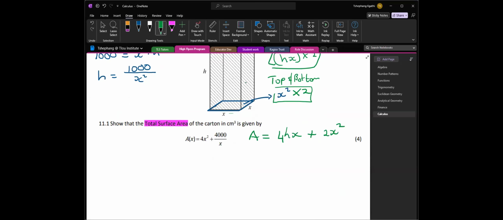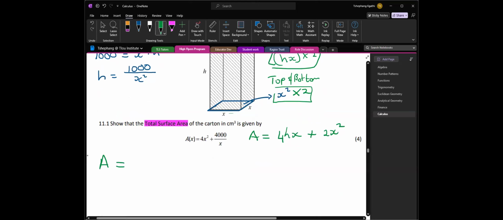Then I'm going to plug in what I have, which is h. A equals 4 multiplied by 1000 over x squared, multiplied by x, plus 2x squared. Let's check.